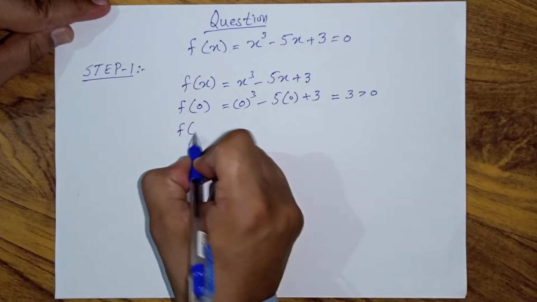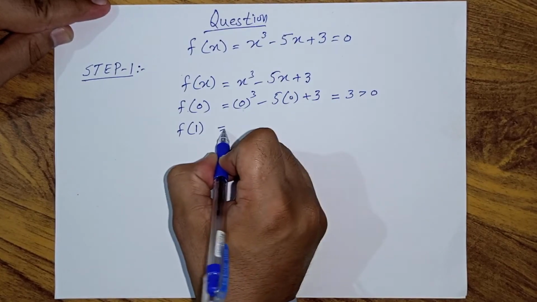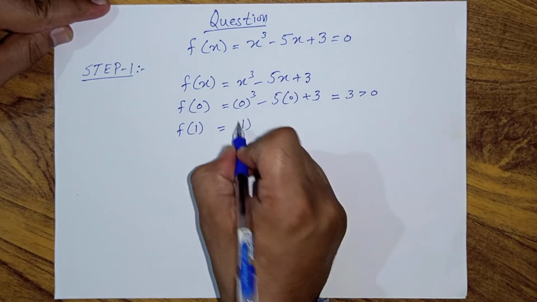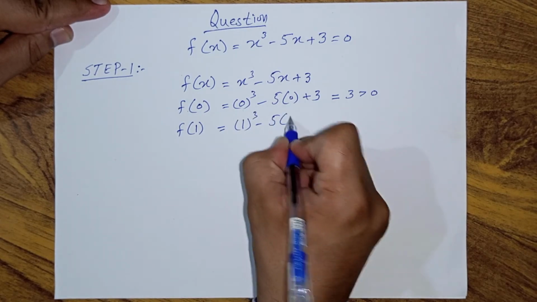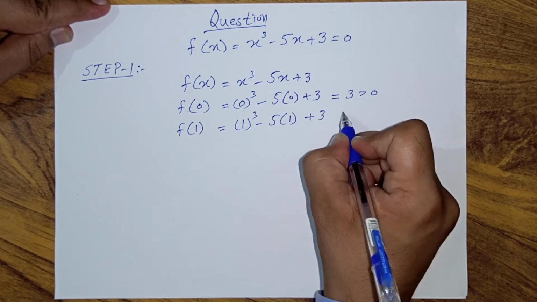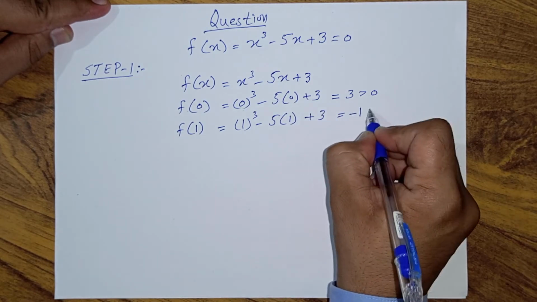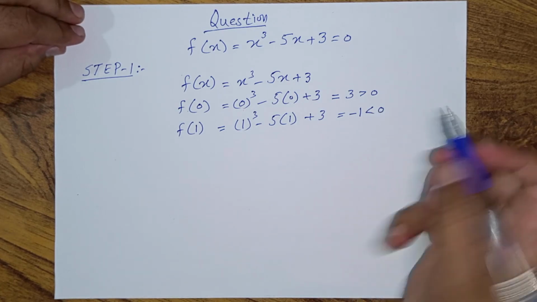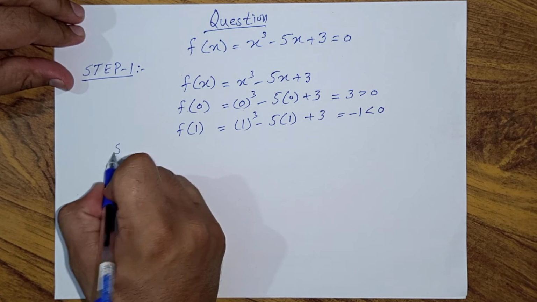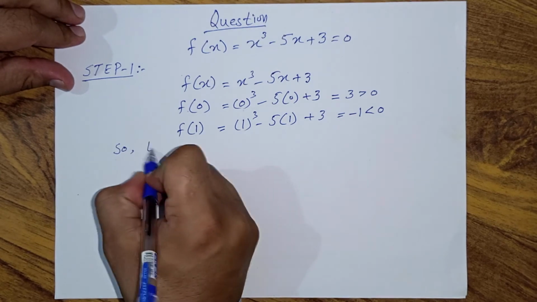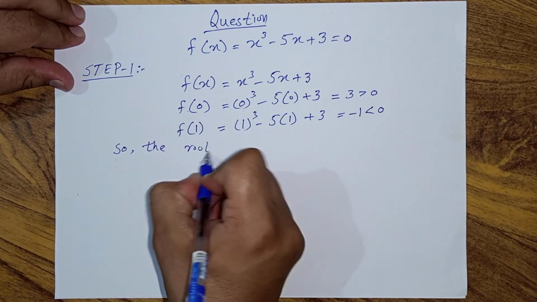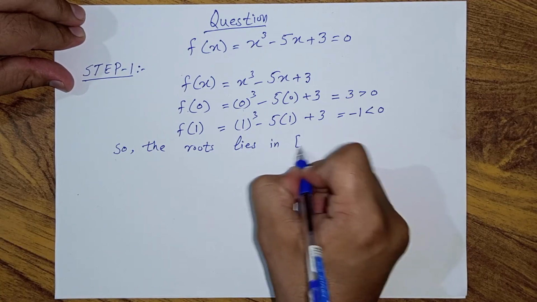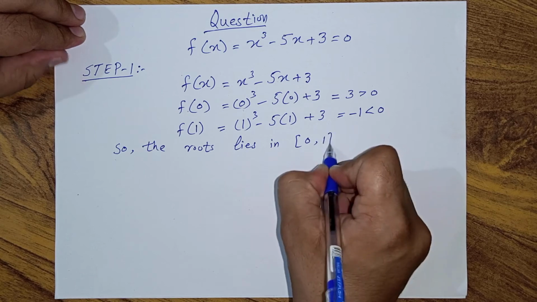Now put 1 in the equation: 1 cubed minus 5 into 1 plus 3 gives us minus 1, which is less than 0. So the root lies in the interval 0 and 1.